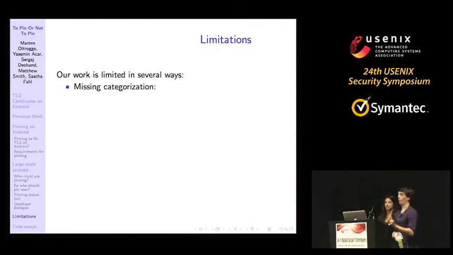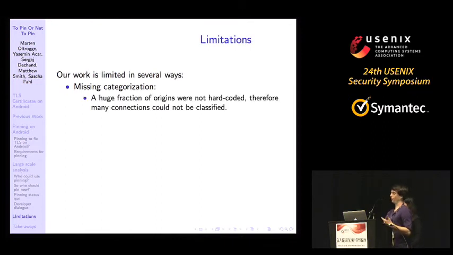So yeah, our work is limited in multiple ways. We couldn't categorize all connections because a huge fraction of origins were not hard-coded in an app, so we just couldn't tell whether pinning was a good idea or not, and we couldn't classify those connections.